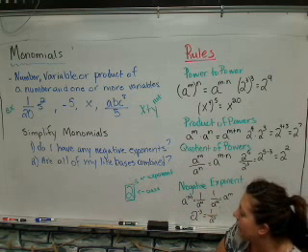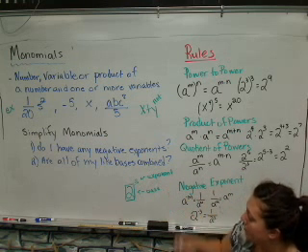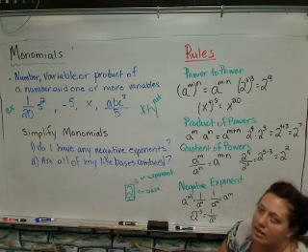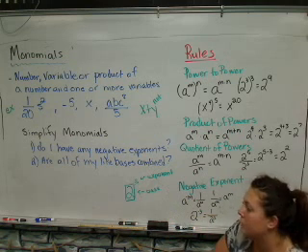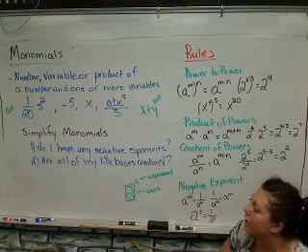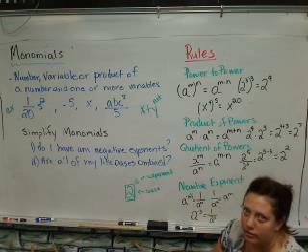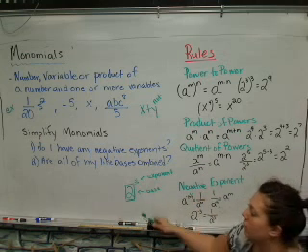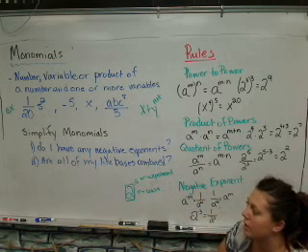Okay, so whenever I say like bases, anything else that has a 2, or it could be anything else that has x or something like that, you got to make sure they're all combined, okay? So we'll get into that a little bit more whenever we start doing our examples.